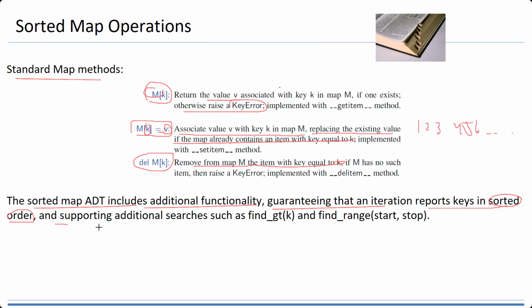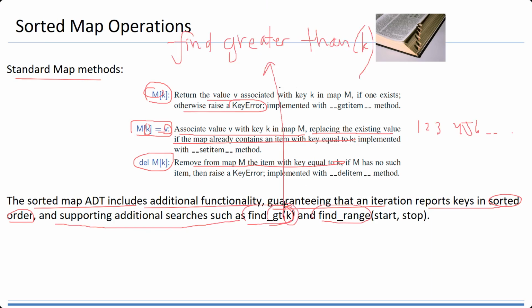And there will be additional searches, for example find_gt and find_range. find_gt means greater than, so we want to find a value greater than k: find_gt(k). Or we can find the range, with a starting point and a stopping point. We call this find_range.